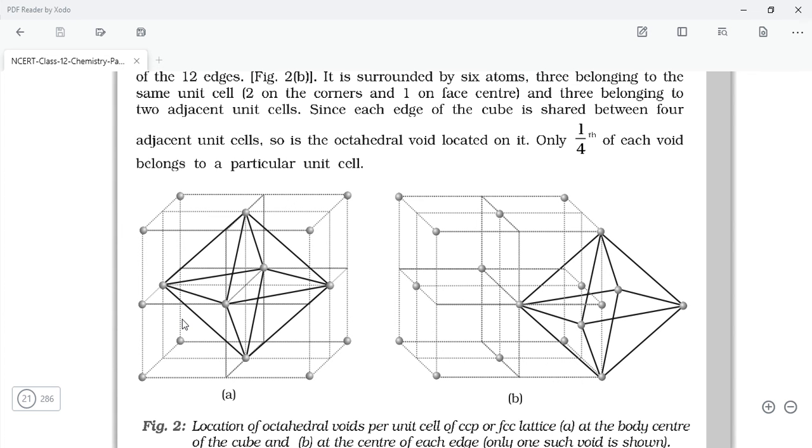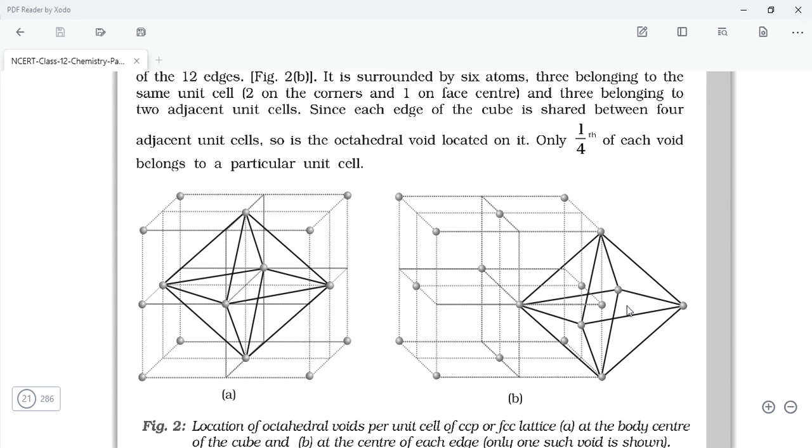And similarly, you don't stop there. If you imagine drawing the same structure above, behind, left, right, everywhere around on the faces, you will get more.